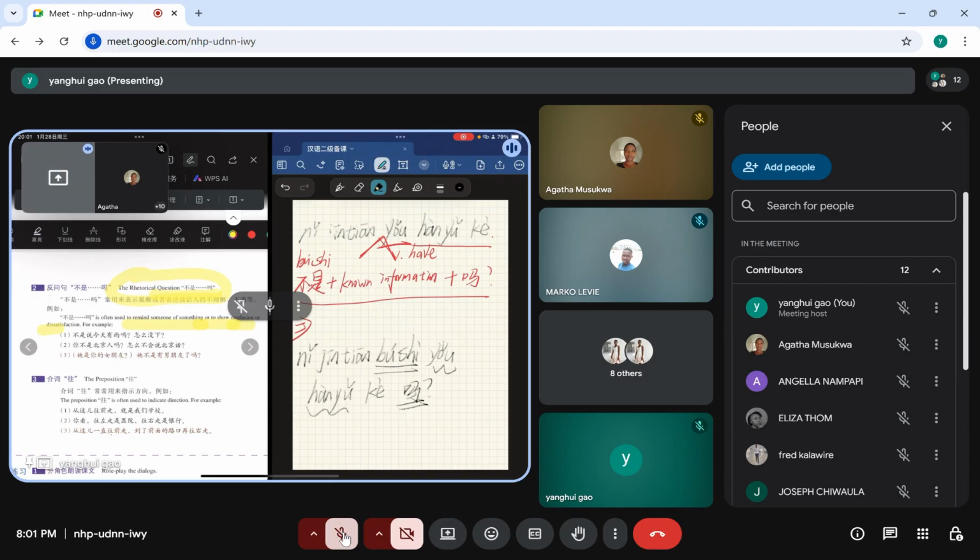Here we emphasize this part. So if your friend has a Chinese class today but completely forgets about it, you can remind him by saying 你今天不是有汉语课吗? Okay, just like this.